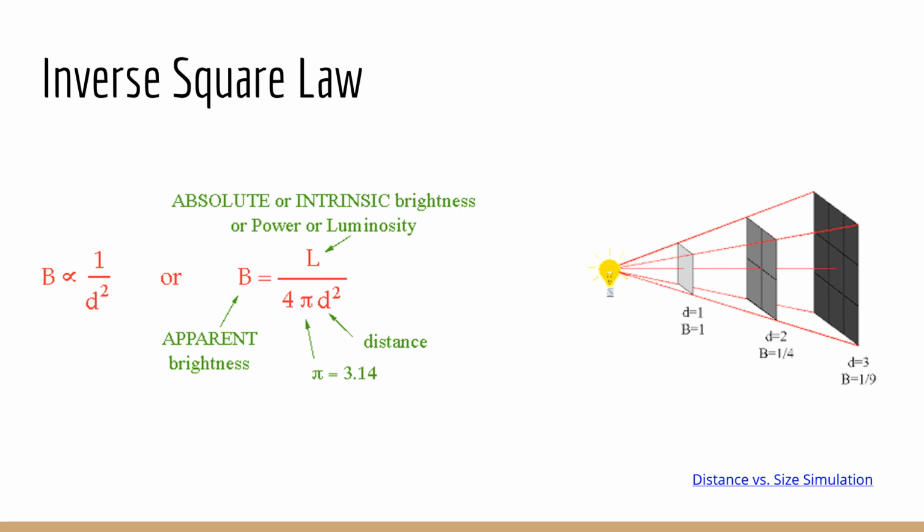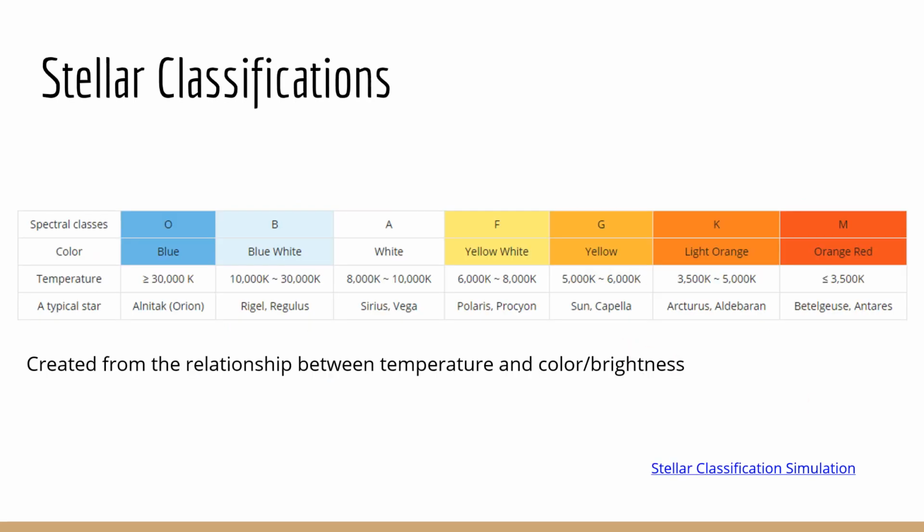So B, if we look at this equation here, where B represents apparent brightness and L represents the luminosity, we can see that B decreases by a factor of d squared for every increase in distance. We should know this. This is pretty trivial if you think about it. The farther away that a point of light is, the less bright it seems to the naked eye and to the observer.